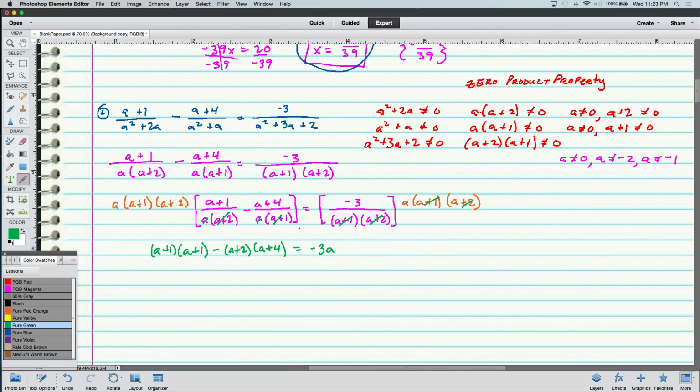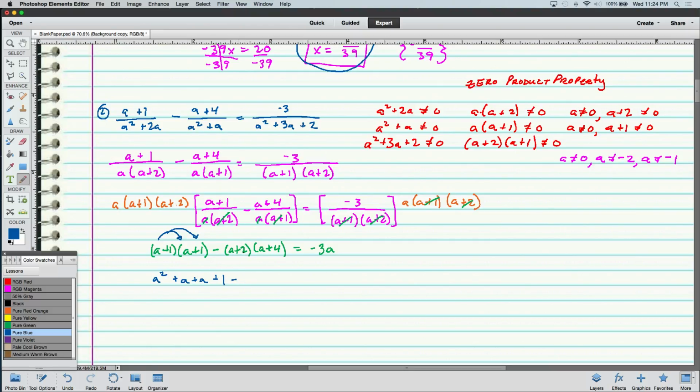Next step, get rid of the parentheses. In order to eliminate the parentheses, we have to distribute. So we're going to distribute each of these: a times a, which gives us a squared. A times 1 is plus a. 1 times a, which is a. 1 times 1, which is 1.